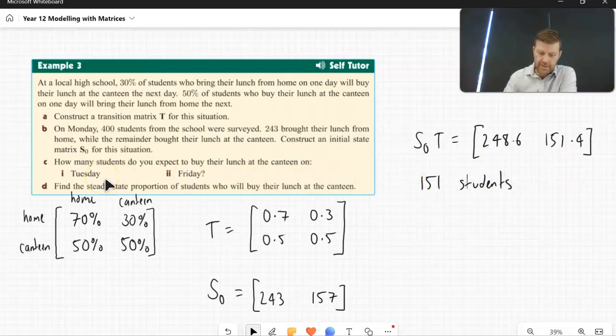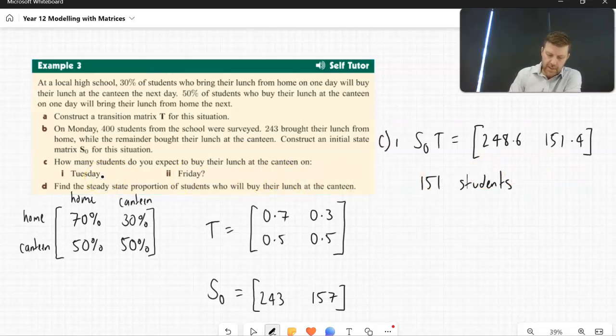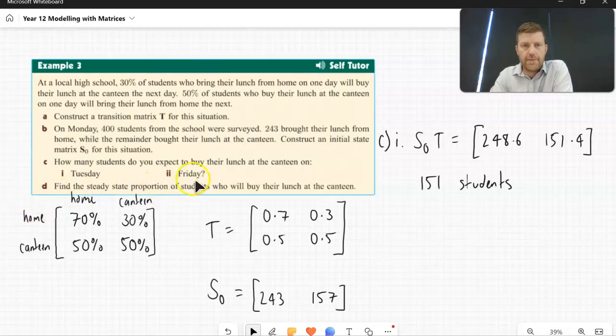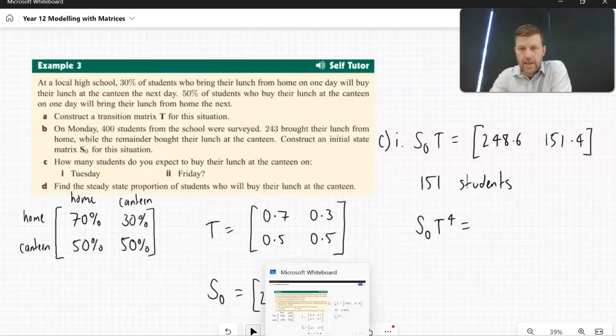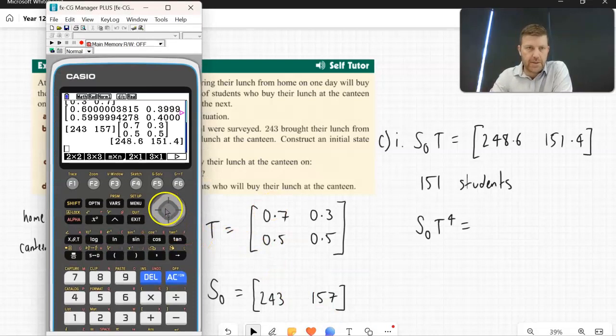How many would I expect to purchase their lunch from the canteen on Friday? Well, Friday is 4 days after Monday, okay? So to work that out, I'm going to do my initial state matrix multiplied by T to the power of 4, okay? Again, on my graphics calculator, I can do that calculation.